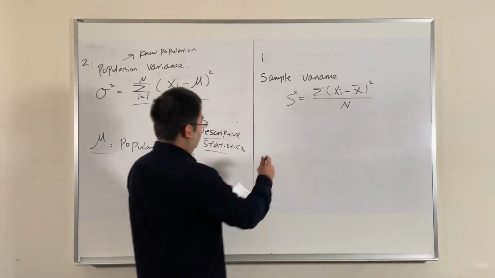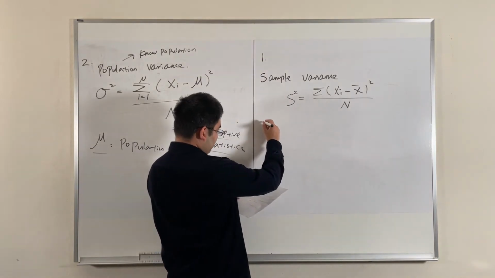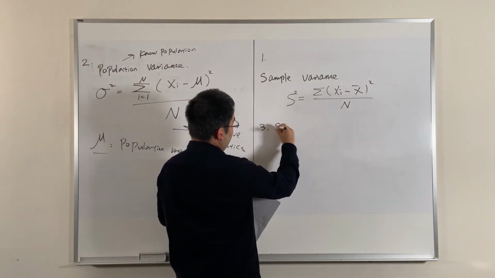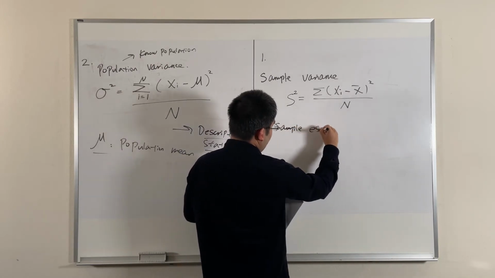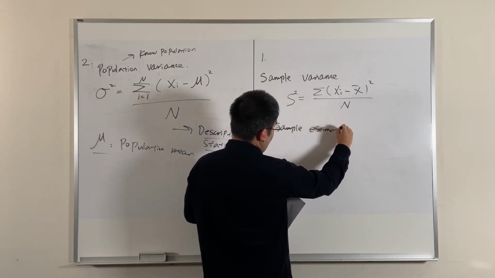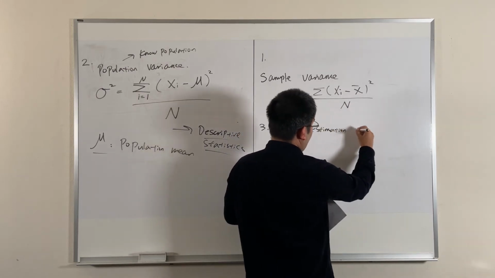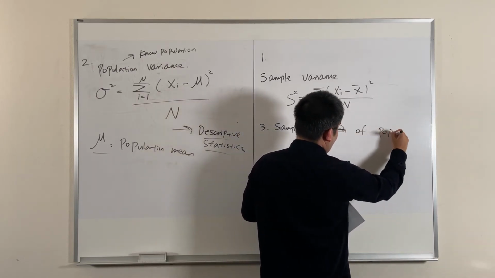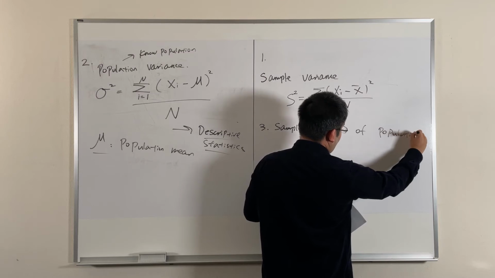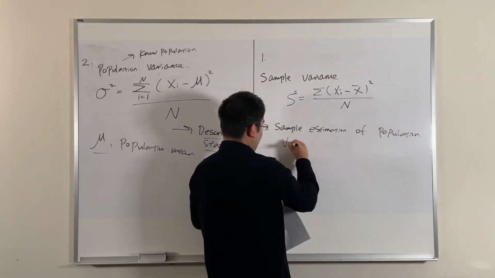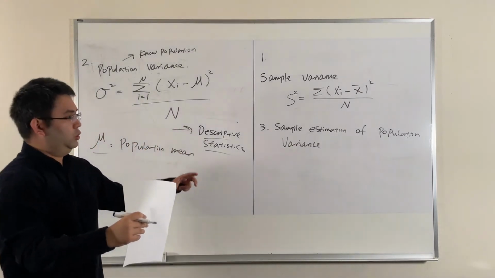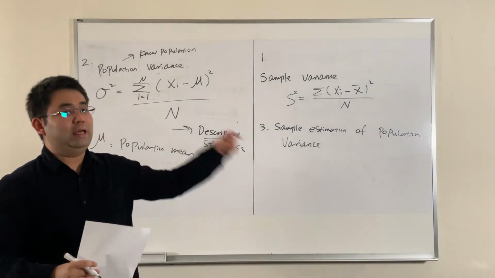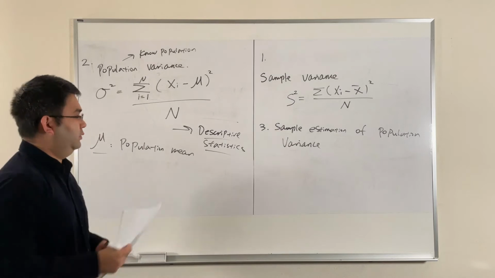So this third type here is sample estimation of population variance, right? So we have sample sets, and then we use the sample's variance to estimate the population variance.